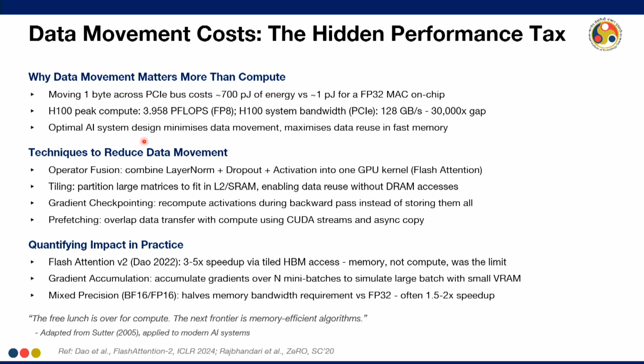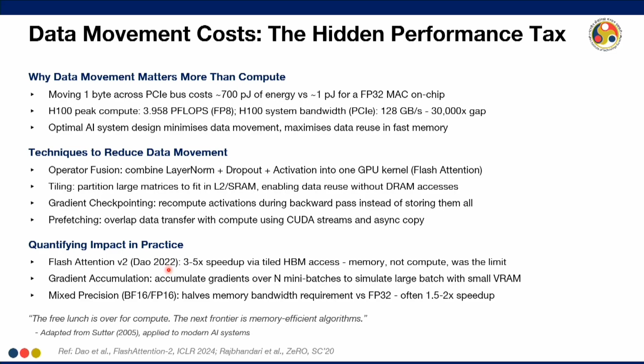Okay, so that's why there are many techniques to optimize the data movement between the memory and the compute units for GPUs and CPUs: operator fusion, tiling, gradient checkpointing, prefetching, all the different techniques for data movement optimization. We will see these different techniques. In practice, for example, the vanilla attention mechanism in transformer models uses order of n squared data fetches, right?